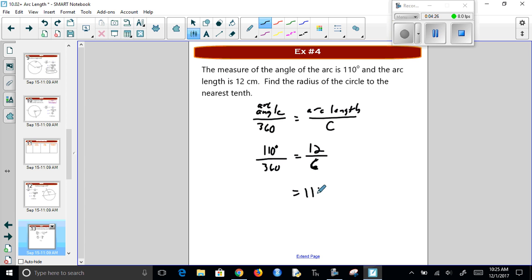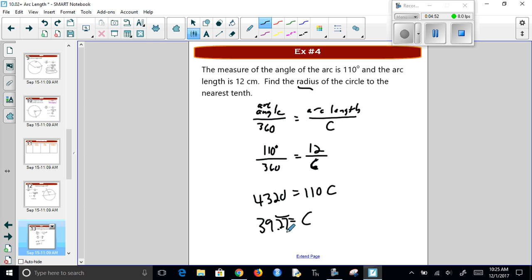This would be 110 times the circumference is equal to 360 times 12, which is 4,320. I'm going to divide that by 110, and my circumference is going to be 39.27 repeating.